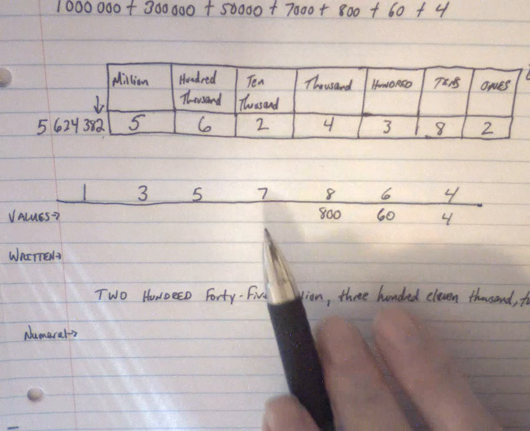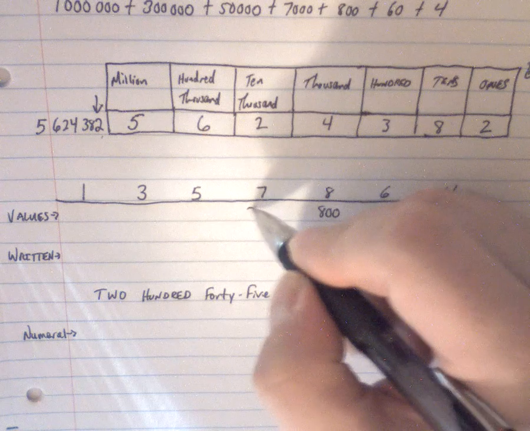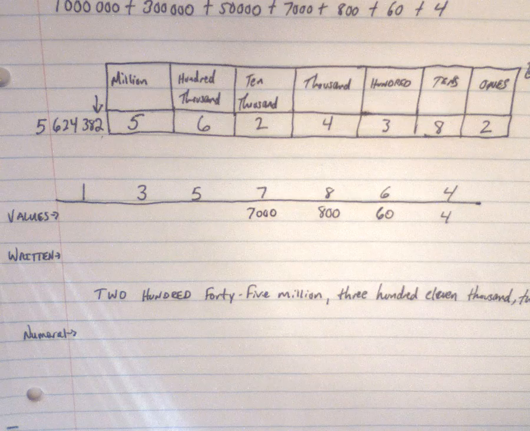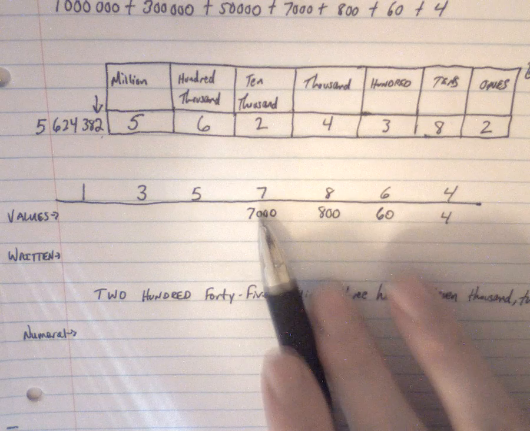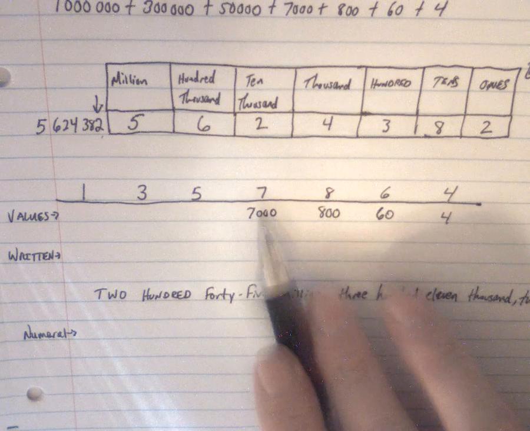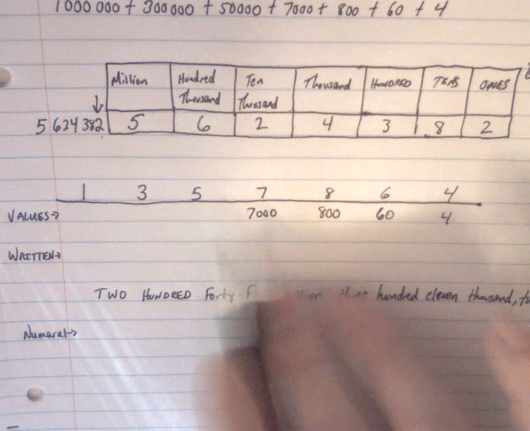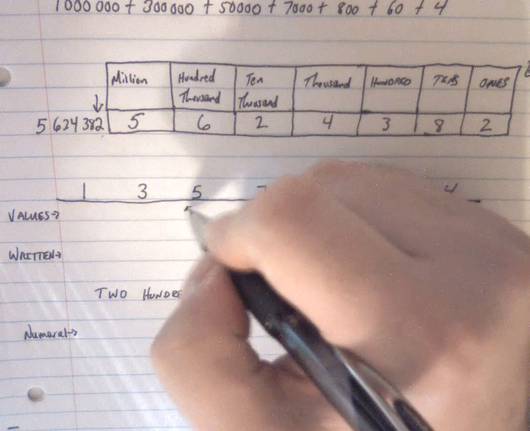Okay, now we move over to the thousands column, so you have 7 thousands. Okay, notice I'm adding a 0 each time. No 0, 1, 2, 3. Okay? 10,000. How many zeros am I going to add? I'm going to have 4 zeros. So 5.